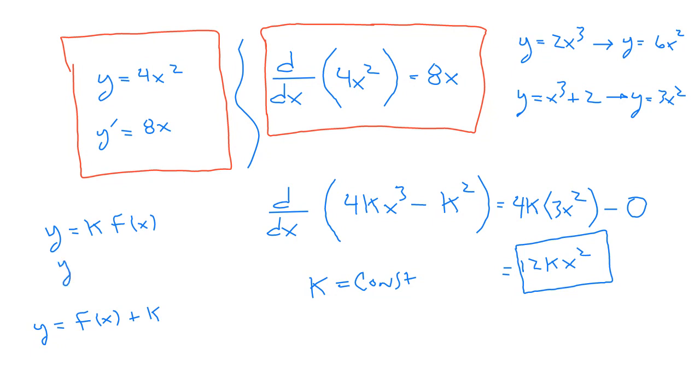The rule there says y prime is k, that constant, times f prime, the derivative of this function, whatever that might be. In this case, when it says y equals some function f of x plus a constant k or minus a constant k, then our rule says the derivative is f prime of x, whatever the derivative is of that, plus 0. And so essentially, that plus k right there does not factor into the answer.